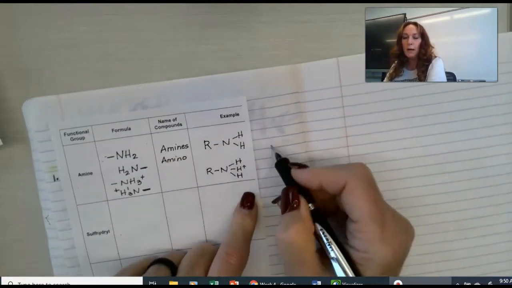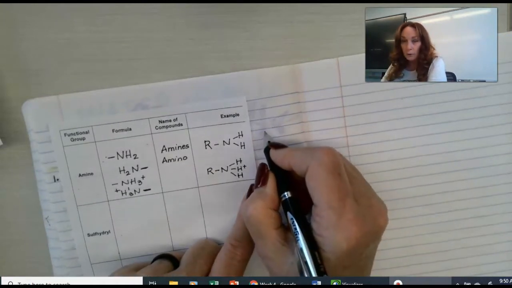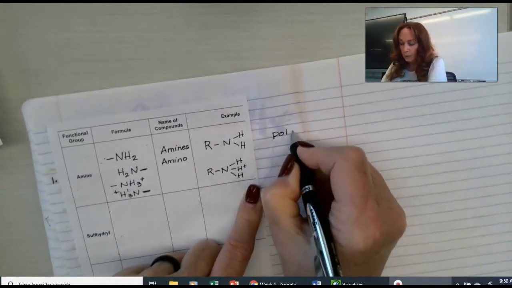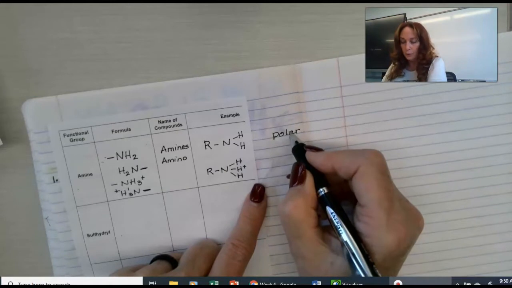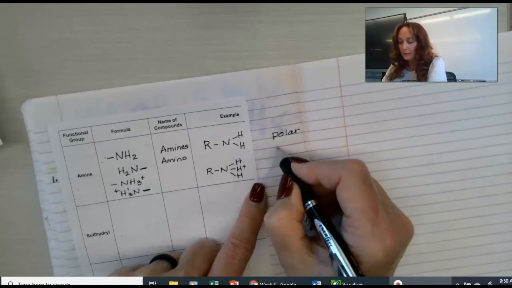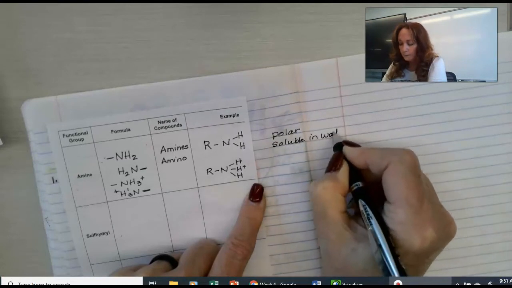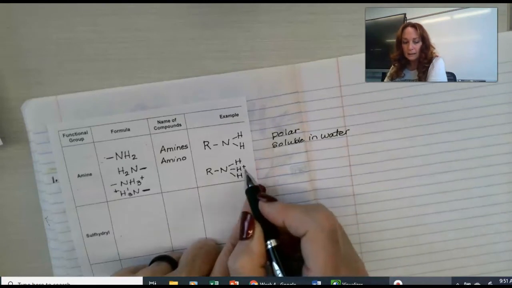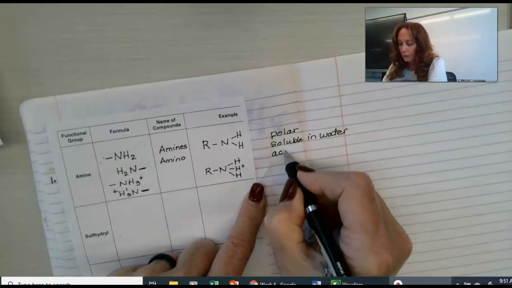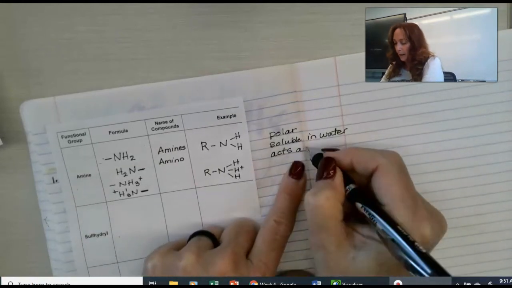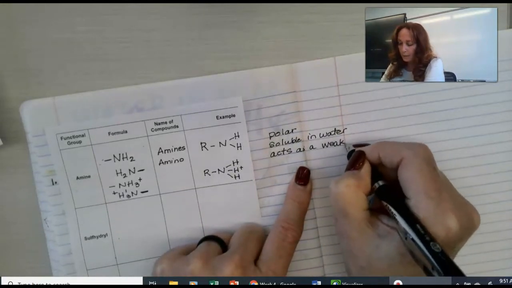Okay, so let's see what kinds of properties you get if you have an amine group. You become polar, so this is going to now be a polar molecule. So having that functional group makes the molecule polar. If it's polar, by default, it's going to be soluble in water. And because it's going to be able to accept this hydrogen, it acts as a weak base.